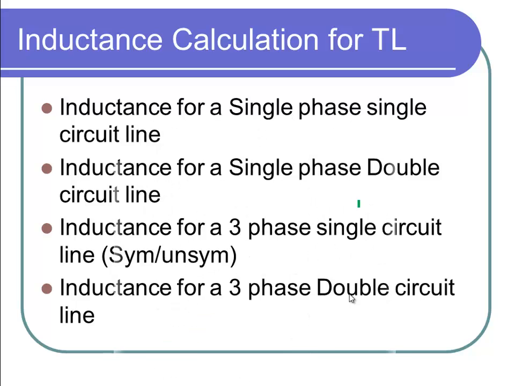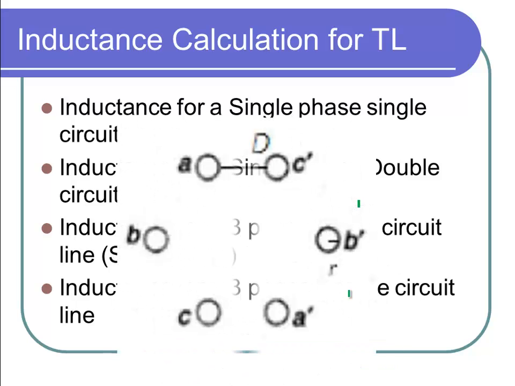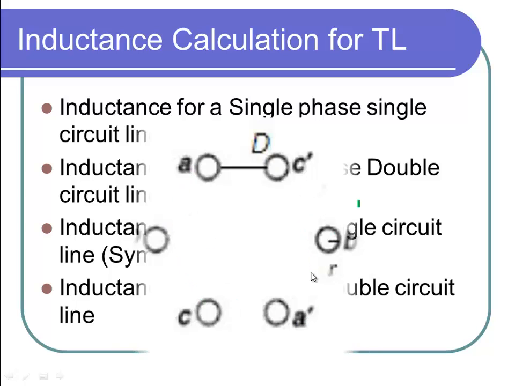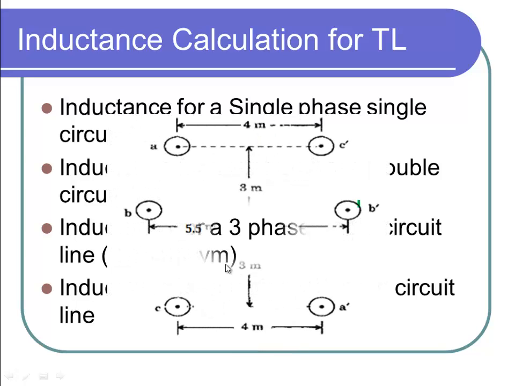Double circuit means it will be like this. 6 conductors will be there, A, B, C, and A dash, B dash, C dash, or otherwise the form may be in this form also, uneven distance. It's not mandatory that it should be in the hexagonal form, or it may be in the horizontal, or in the vertical also.